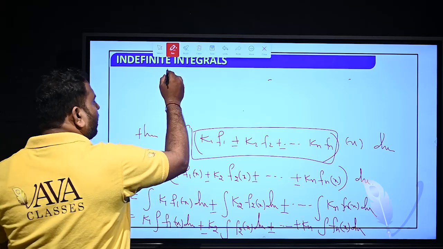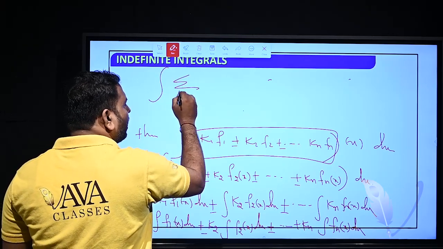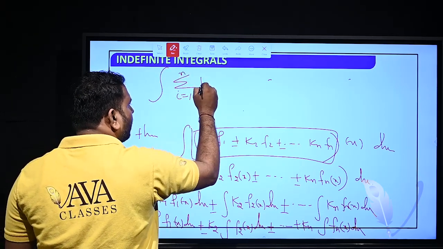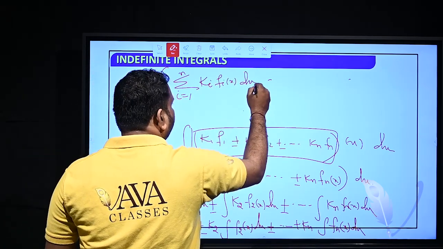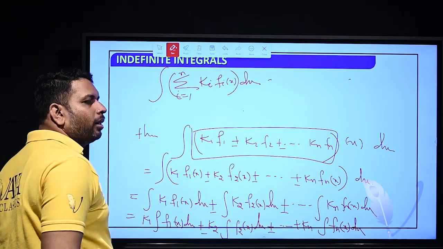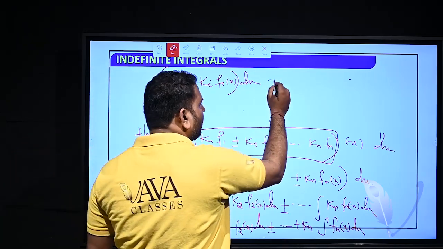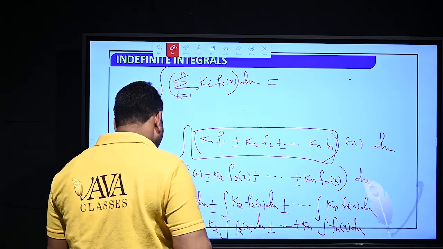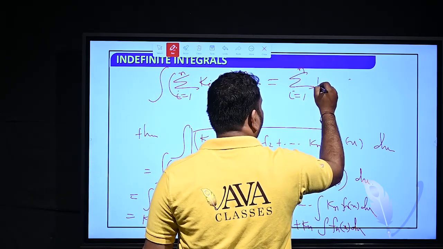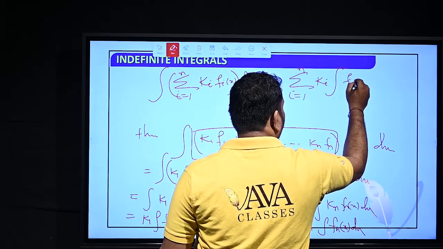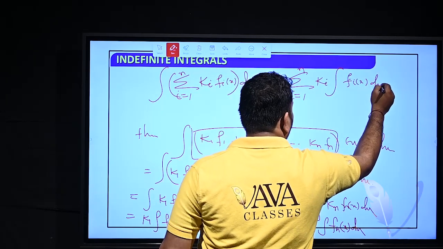Again, integration of summation i equals 1 to n ki fi(x) dx is the same as summation i equals 1 to n ki integration fi(x) dx.